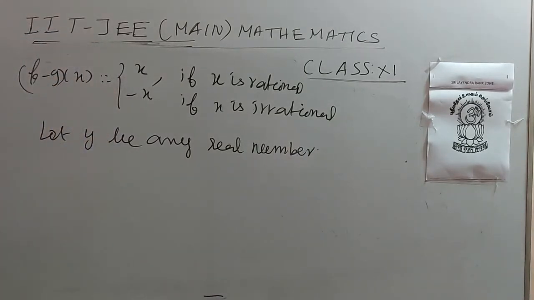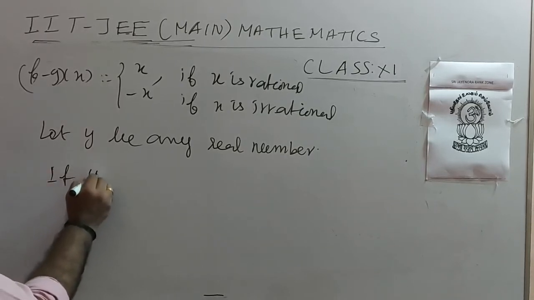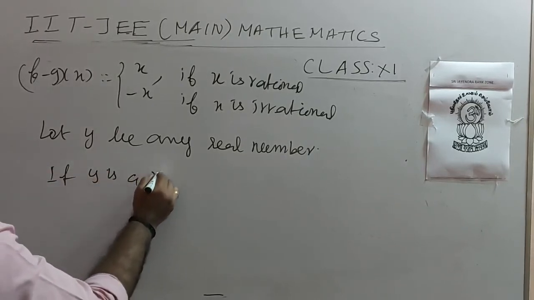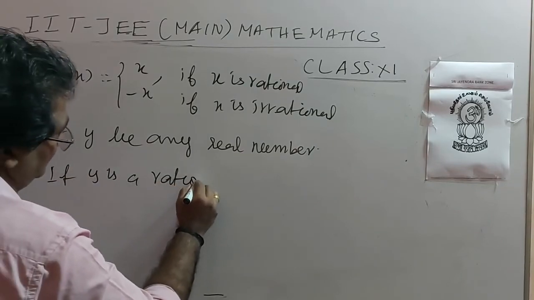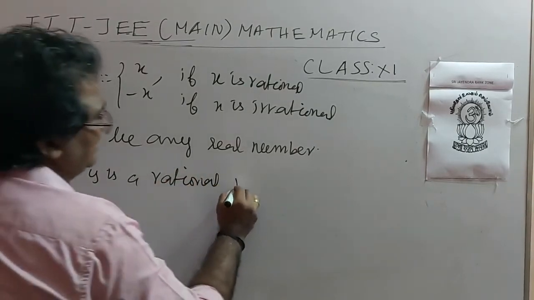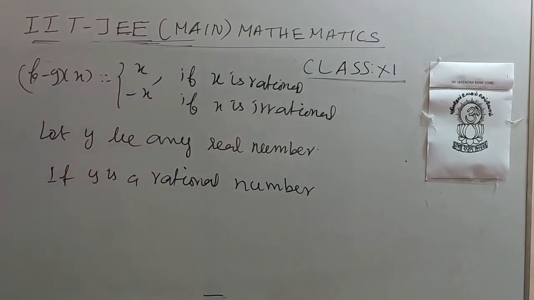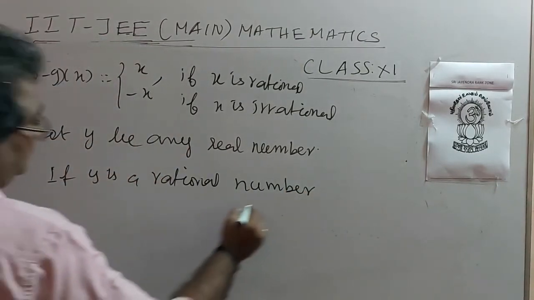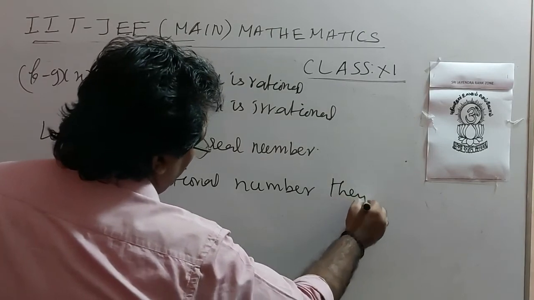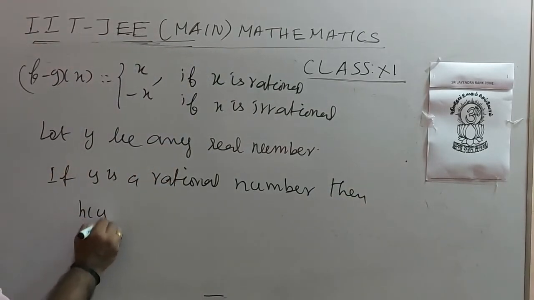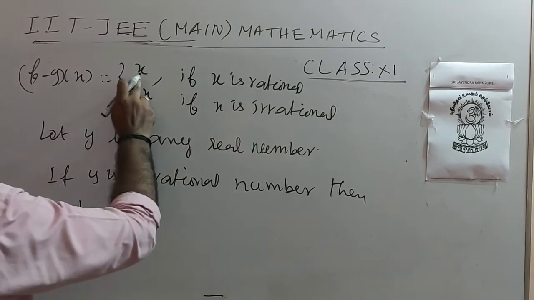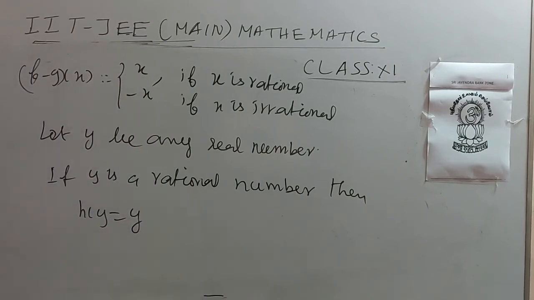Let y be any real number. If y is a rational number, then h of y equal to y.